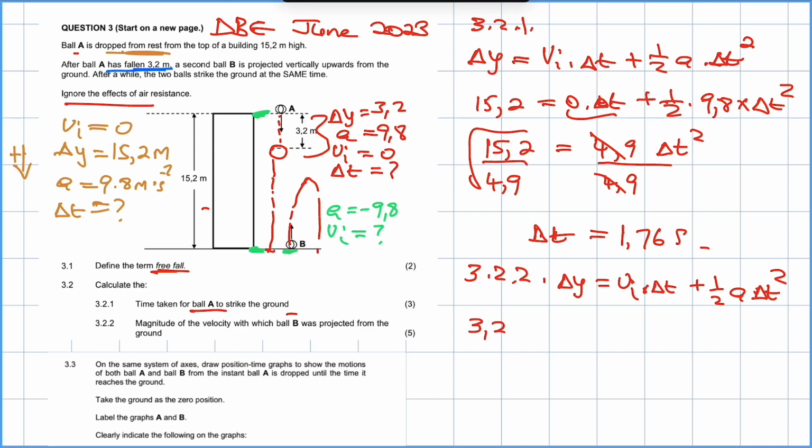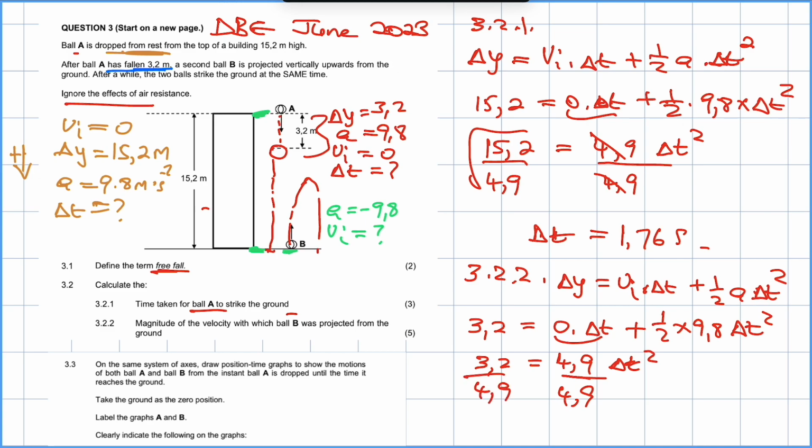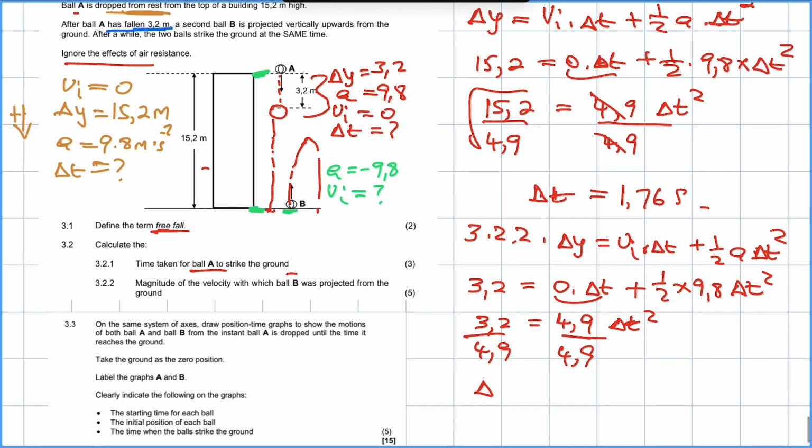Displacement is 3.2, equals VI, which is 0, times time, plus half of 9.8 times time squared. So 3.2 equals 4.9 times t squared. And then you divide by 4.9. To get the time, you just do the square root of 3.2 over 4.9. So that gives us 0.81 seconds.